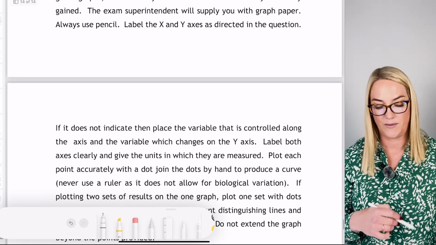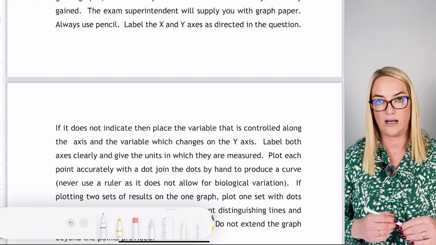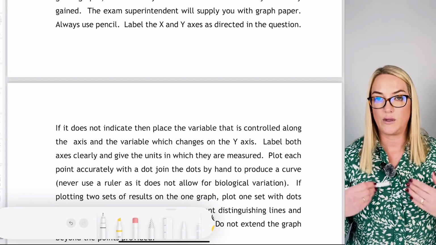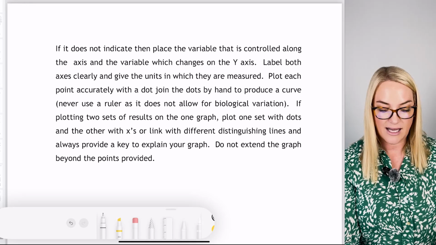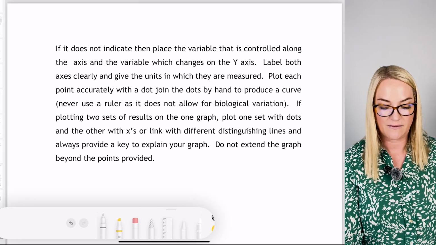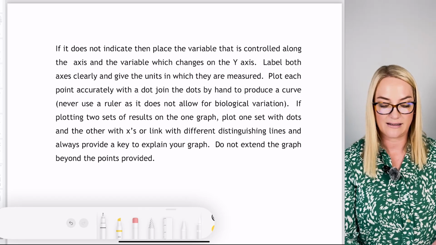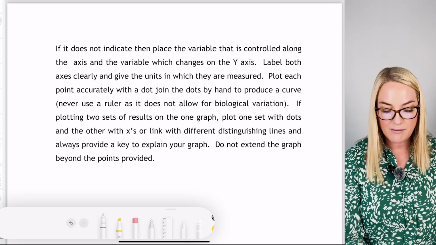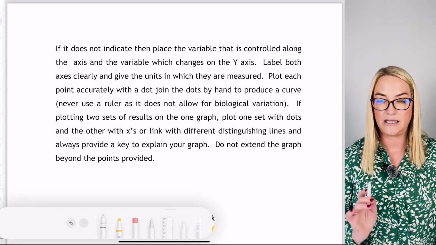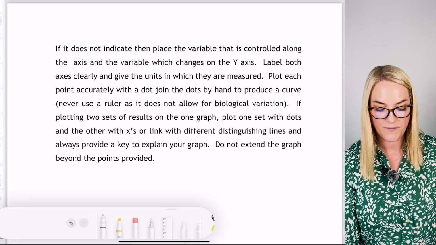Always label your x and y axes, because there will be marks going for those axes. The variable that is controlled goes along the x-axis, and the variable which will change goes on the y-axis. Label both axes clearly and give the units of the measurements asked.